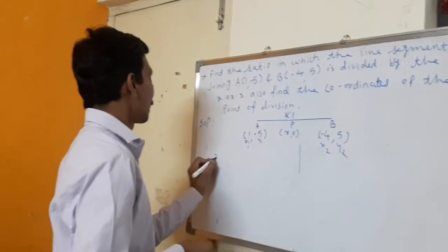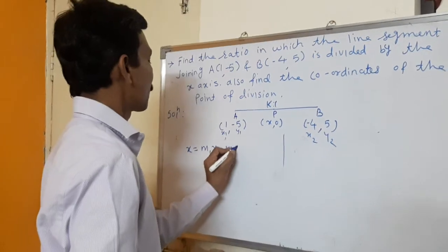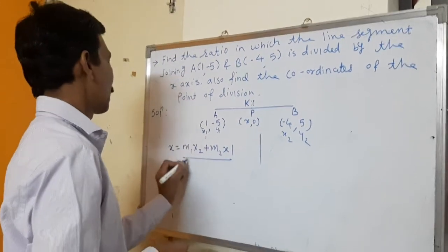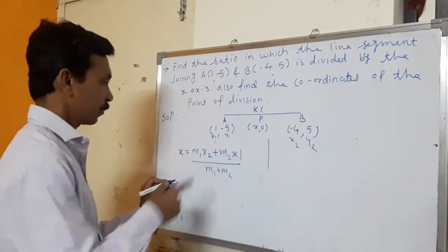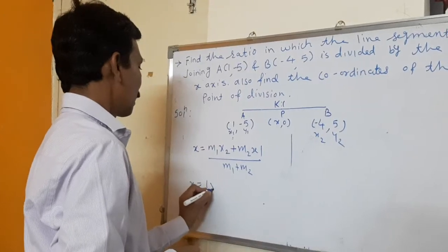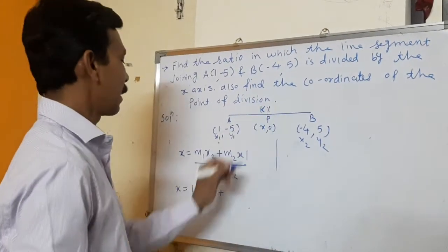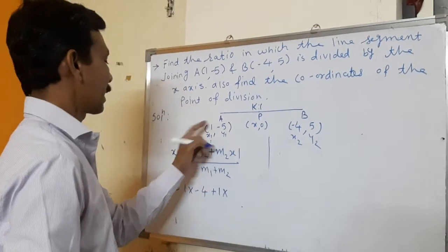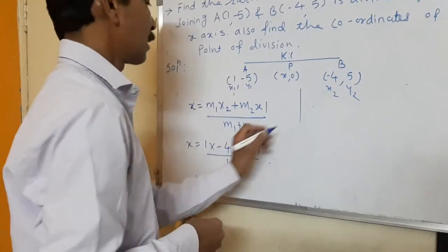Now I write x is equal to m1 x2 plus m2 x1 upon m1 plus m2. We have to find x. M1 is 1 into x2 is minus 4 plus m2 is 1 into x1 is 1, upon 1 plus 1.